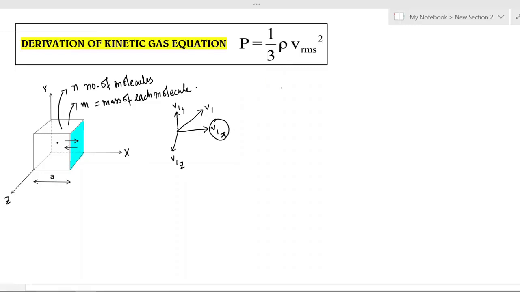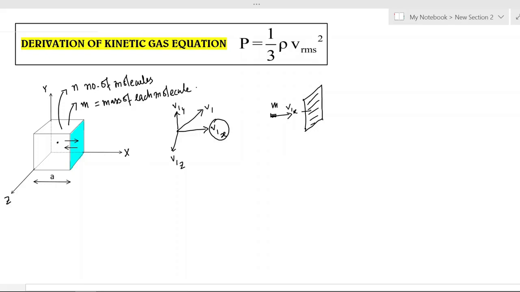I'm drawing this particular figure in order to make it easier for you to understand. If this is the surface of the wall on which the molecule is colliding, and this is the molecule of mass m, imagine, and it is coming in this direction with velocity v1x, right?